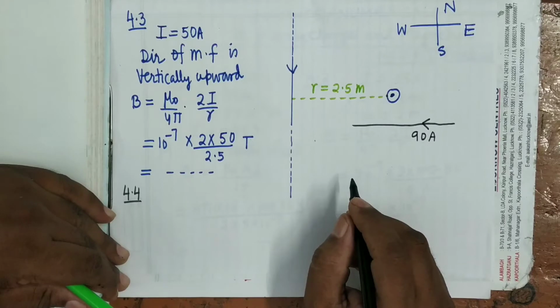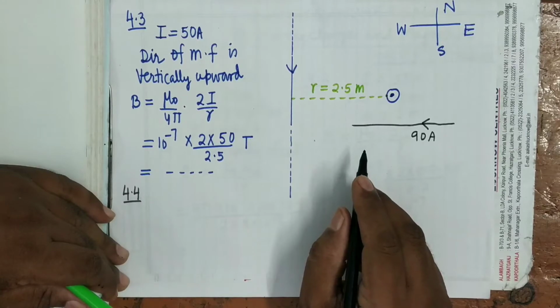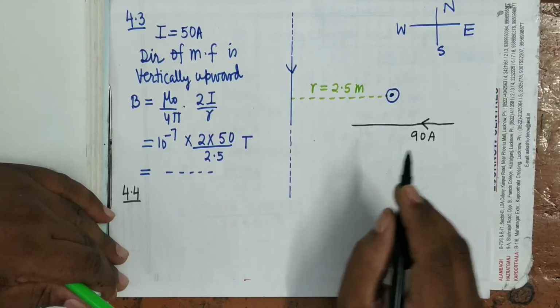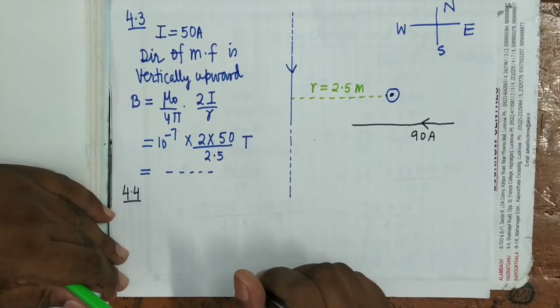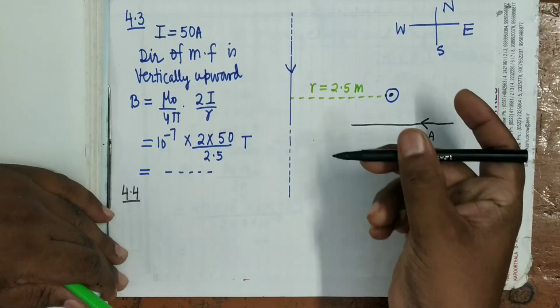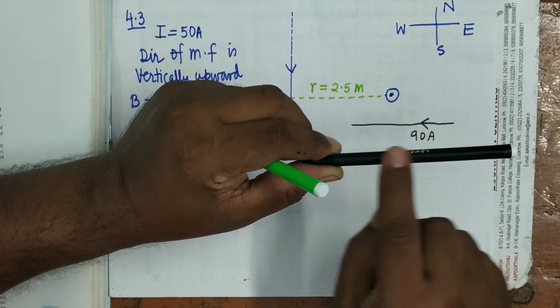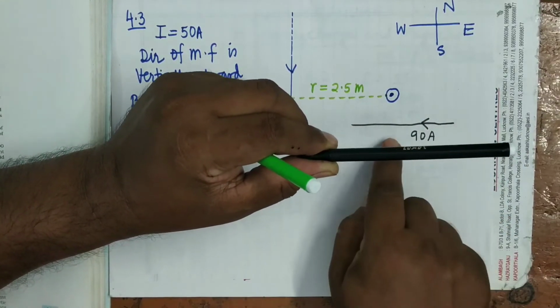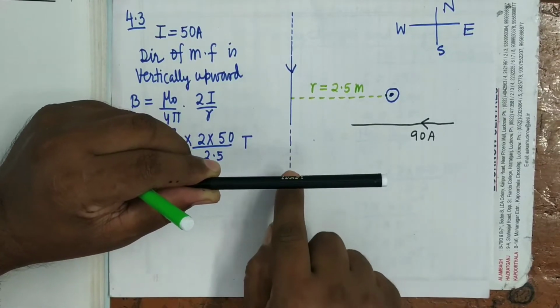In east to west direction, what is the magnitude and direction of magnetic field due to the current 1.5 meter below the line? 1.5 meter below the line means below this line, which is carrying the current from east to west. There is a point here at which you have to determine the magnetic field.